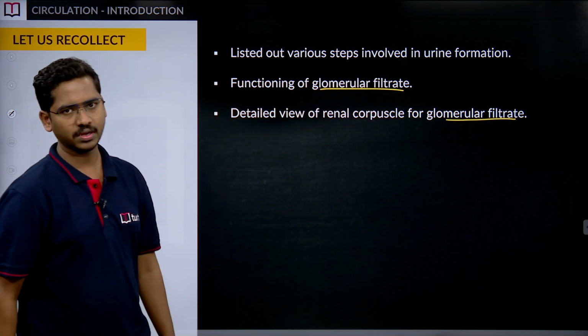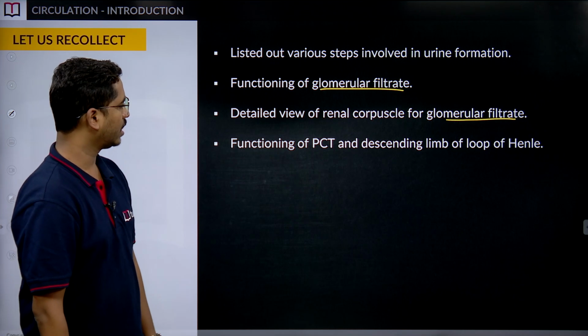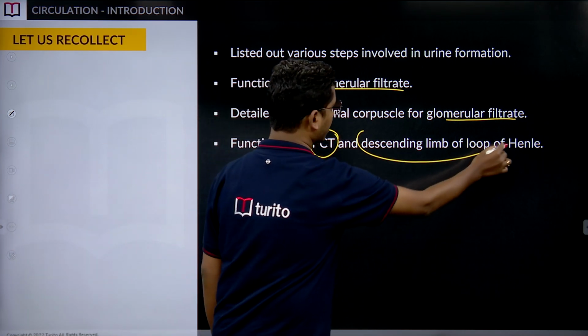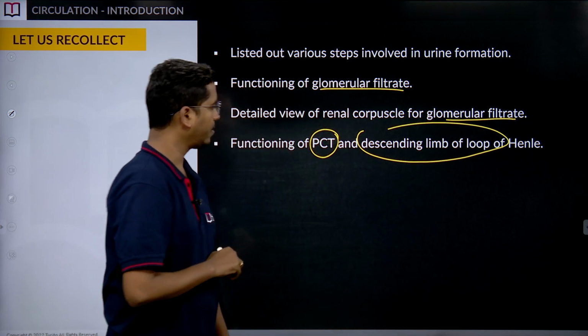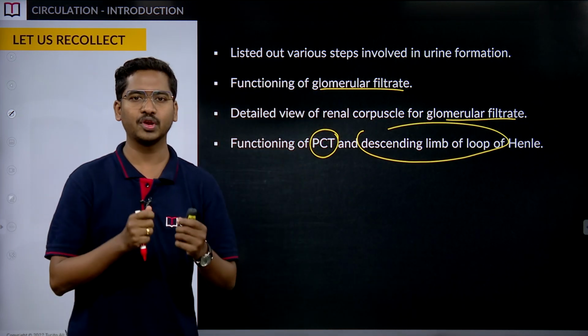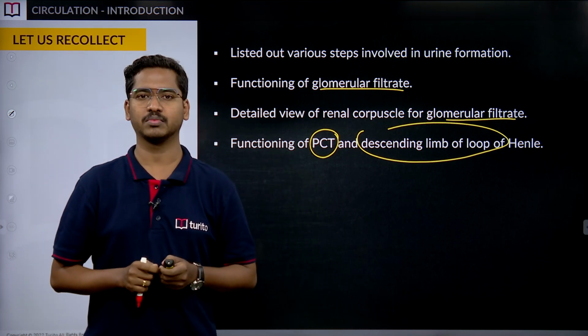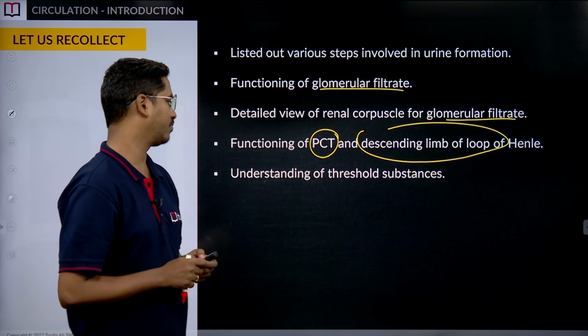Following which we looked at the selective reabsorption process in the descending limb of loop of Henle and proximal convoluted tubule. They were involved in the selective reabsorption process, which is the second step in urine formation.